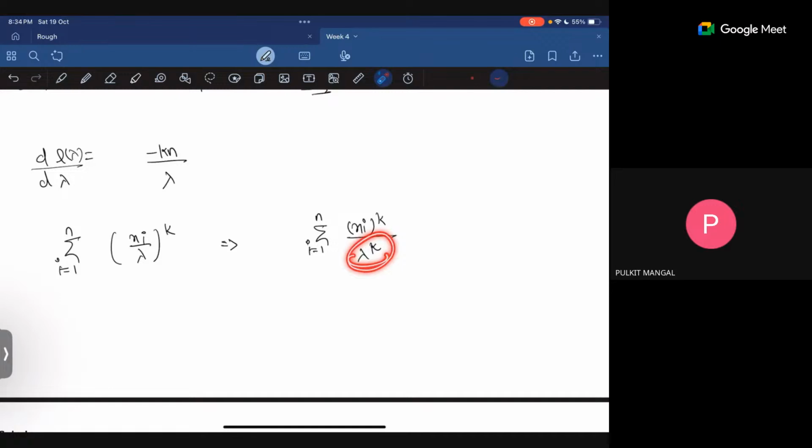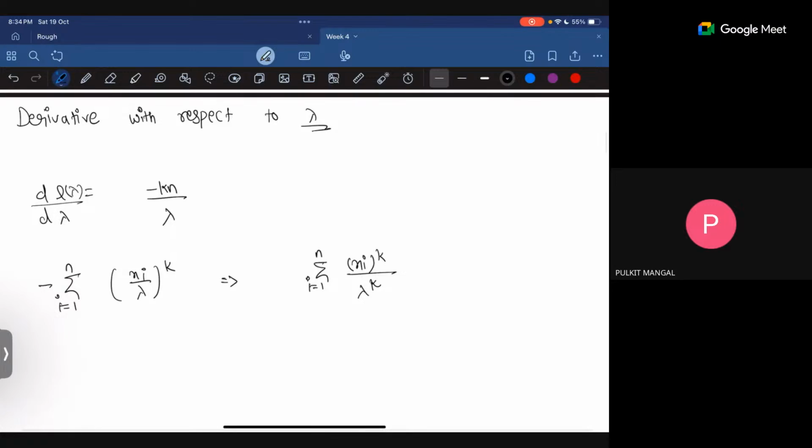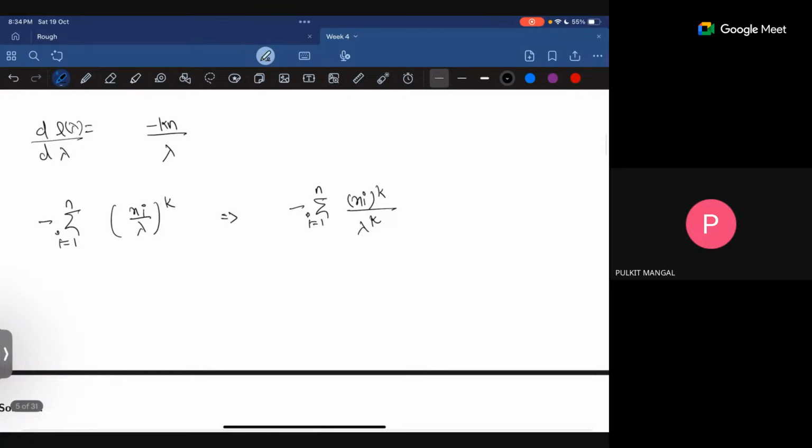Now we have just 1 by lambda power k. If I take the derivative, as we've seen before, it would be minus k, and on the denominator it would be lambda power k plus 1.